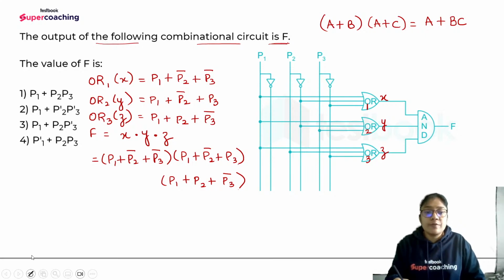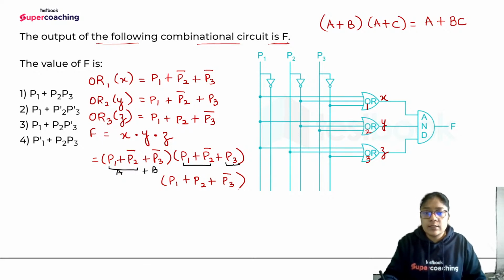Now in this case, if you observe, P1 plus P2 complement is same. So let me call this as A, this is B. B is something like P3 complement and this is A plus C. I'm handling the first two terms first. So this will be resulting into A plus BC.